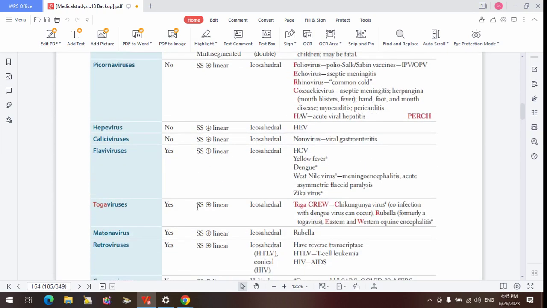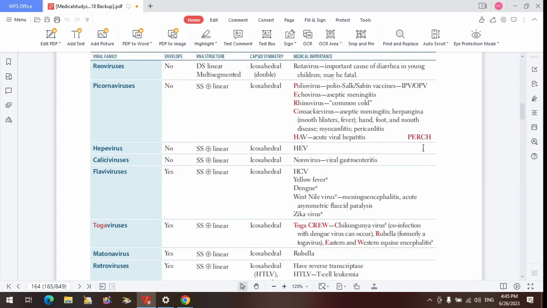Almost all RNA viruses are enveloped except four. What are these four? The code is PEG. This PEG is a code for the viruses that are under Picorna, but I'm also using it for the viruses that are non-enveloped. It also works. You just have to remove the E. Do you guys get that?